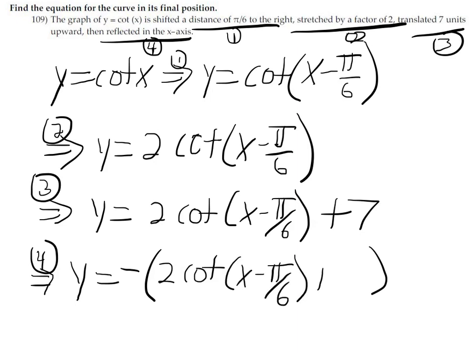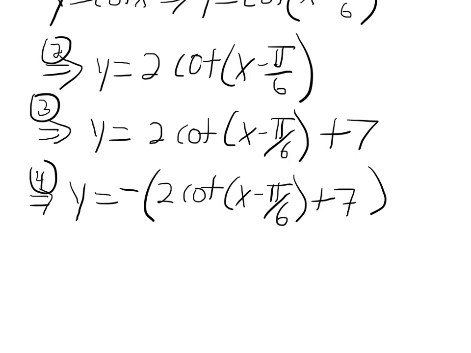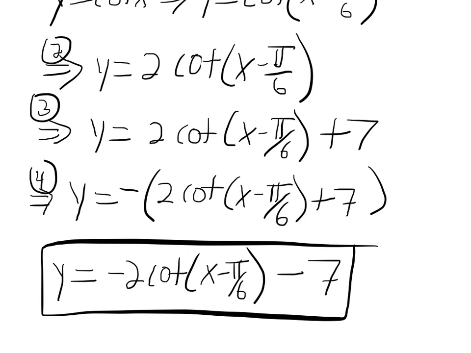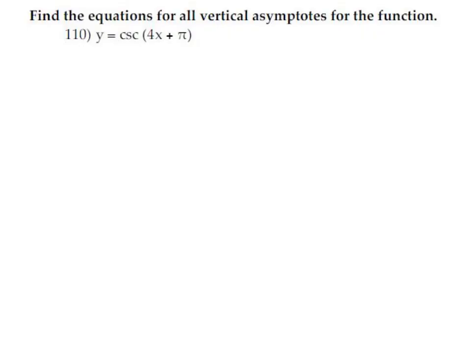And the effect of that is then you distribute the negative. When you distribute the negative, your final answer is negative 2 cotangent of x minus pi 6ths minus 7. That completes this graph, this equation of this graph.